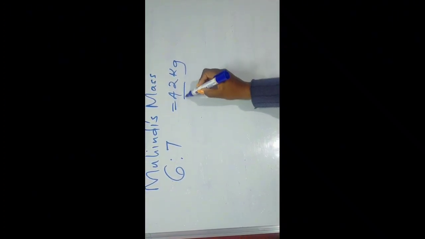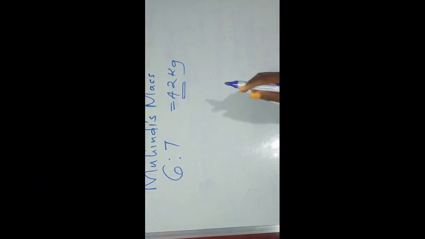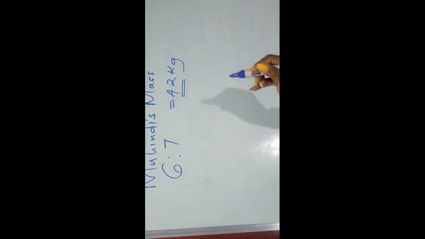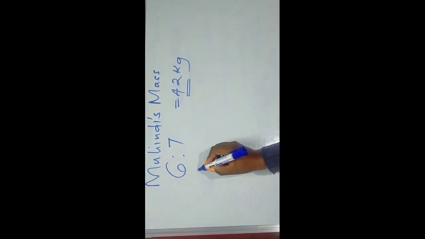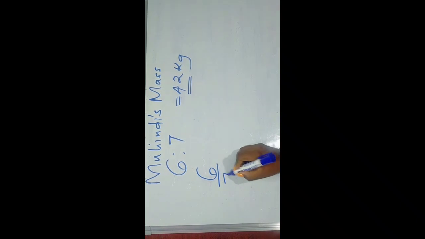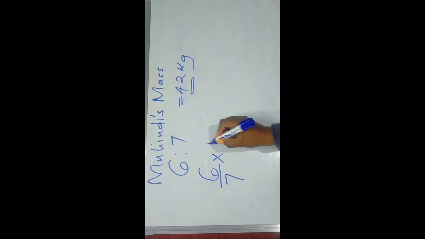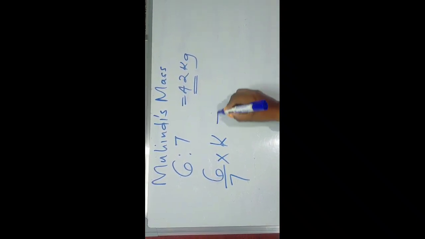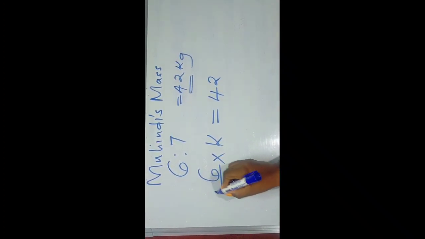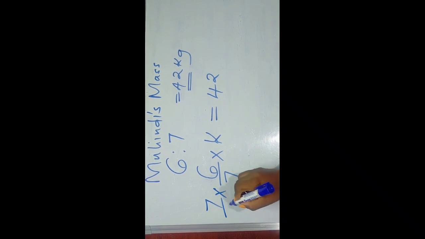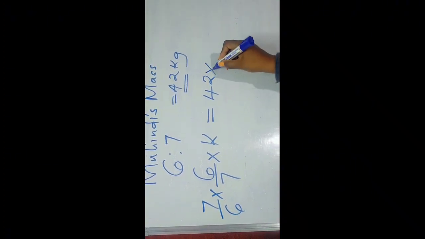But current mass is 42, meaning the mass was bigger than that. His mass was bigger than 42. So in order for us to get his initial mass, we shall say 6/7 times the initial mass, which we do not know, should give us the current mass. So you can multiply this by 7/6 and do the same to the other side.